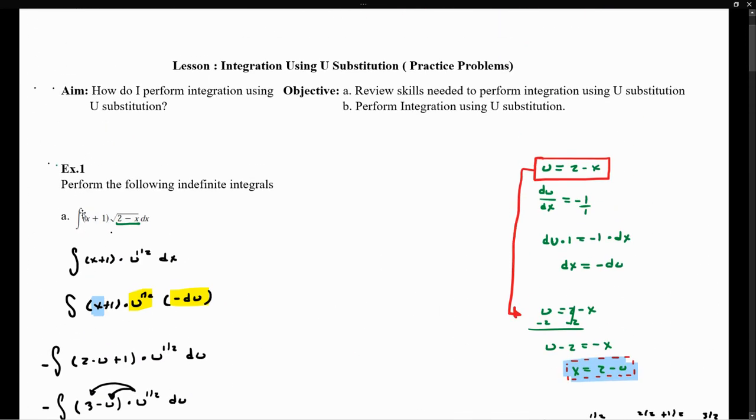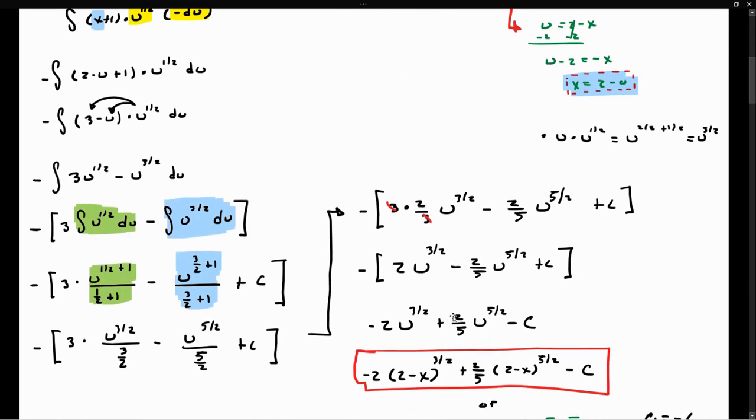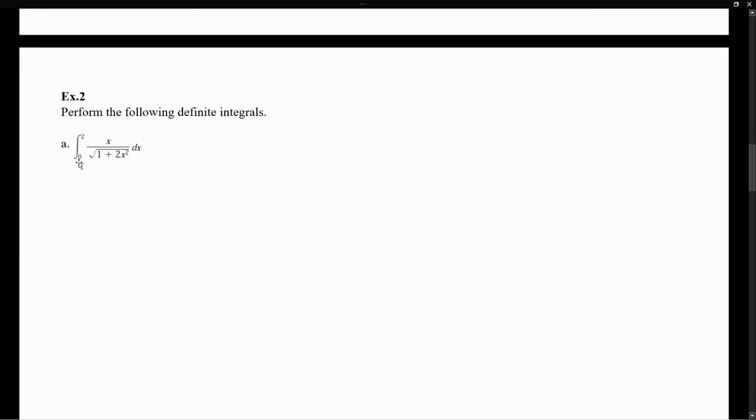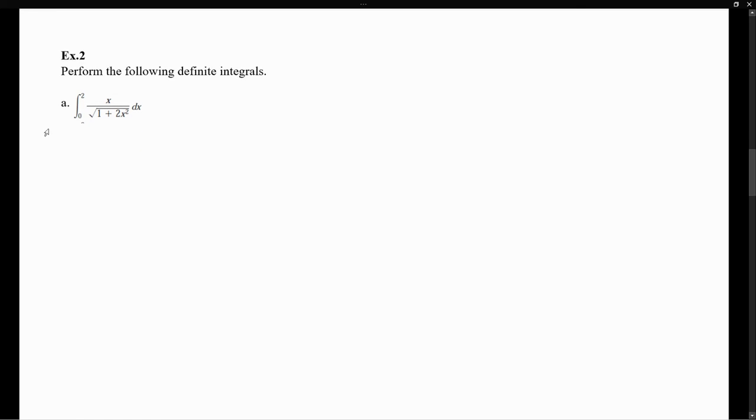We never set up what were our limits of integration. So that's the difference between an indefinite and a definite. Indefinite, there are no limits of integration, and that's why we need to write our expression with the plus c. Definite, we do. So by introducing these limits of integration, how is our process going to be different?